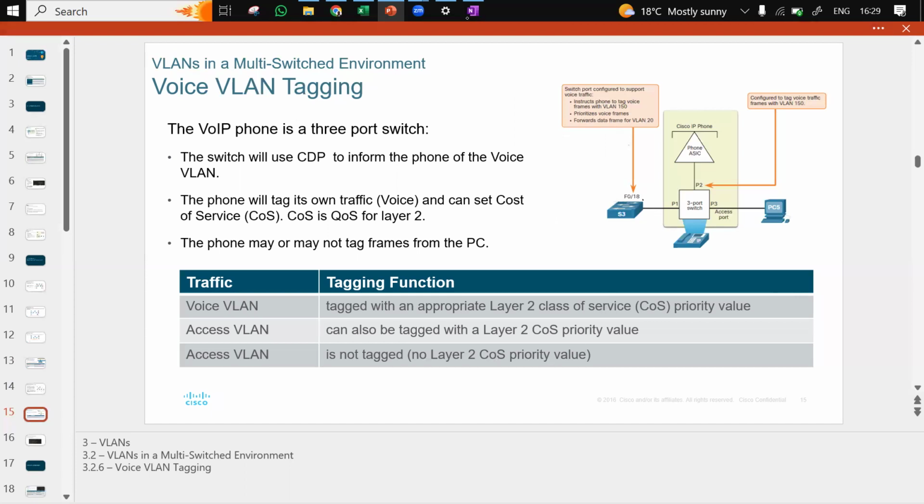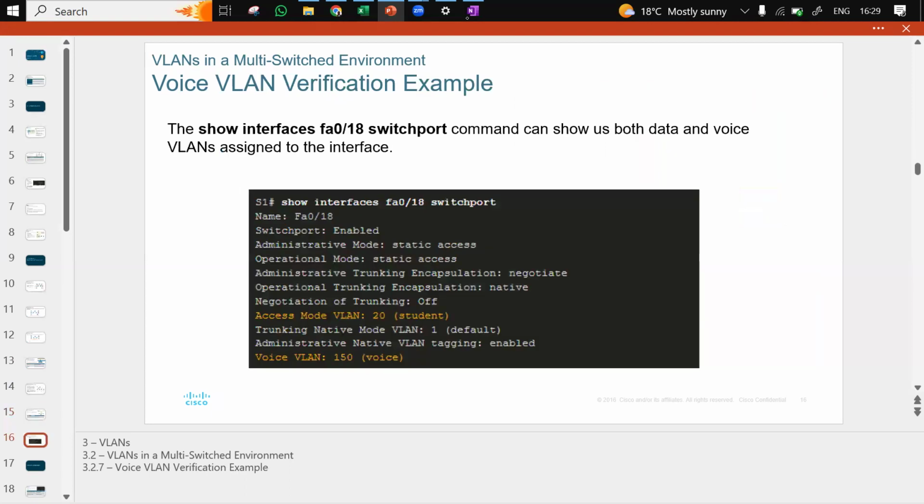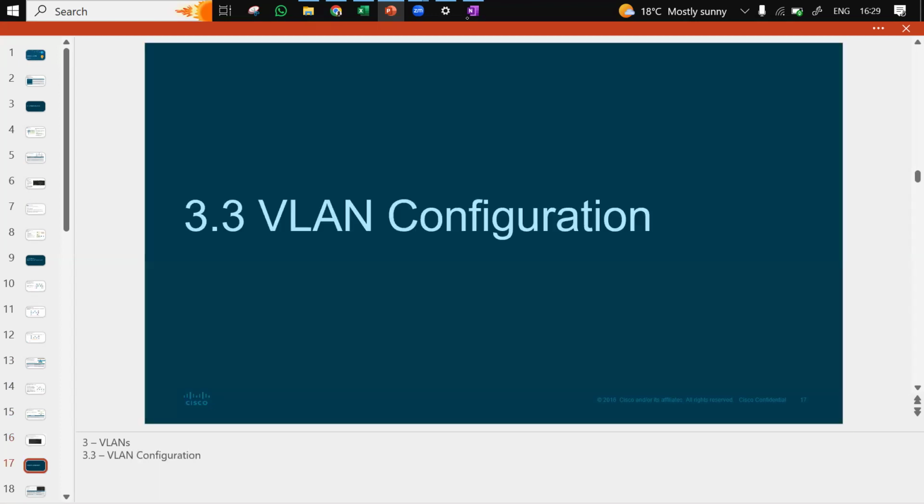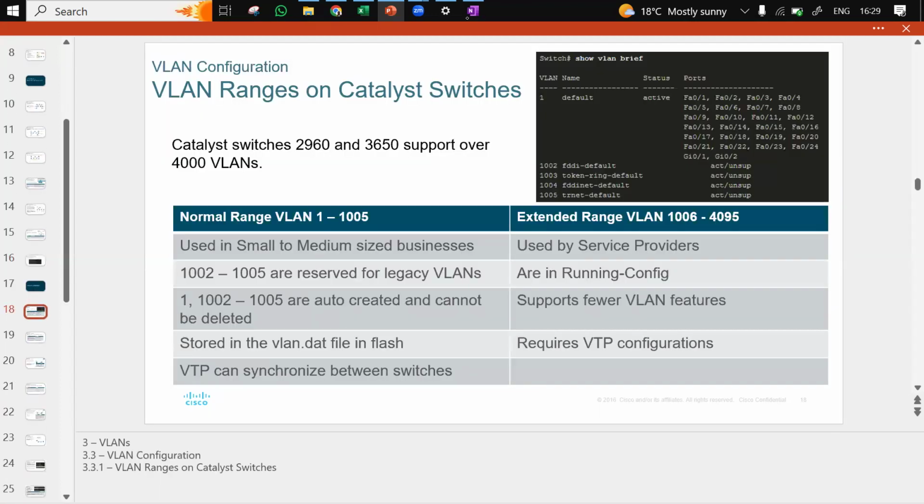So there is tagging in voice VLAN. It's a little bit different from others because of prioritization. Voice VLAN tagging, right? VLAN configuration, done. We're finished with configuration.